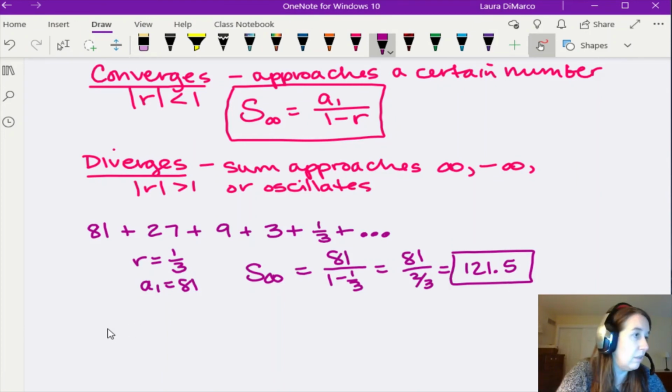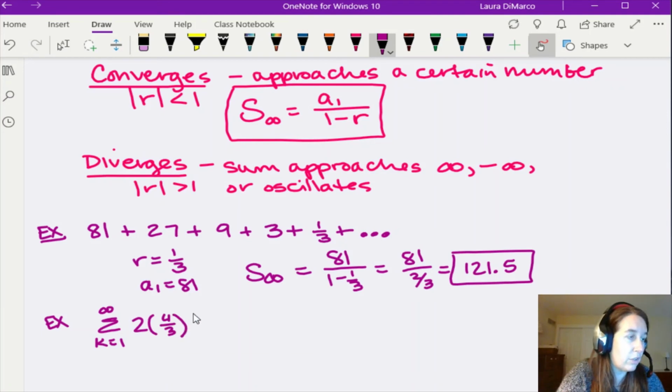Okay, let's look at another example. So if you have the sum from k equals 1 to infinity of 2 times 4/3 to the k minus 1 power.